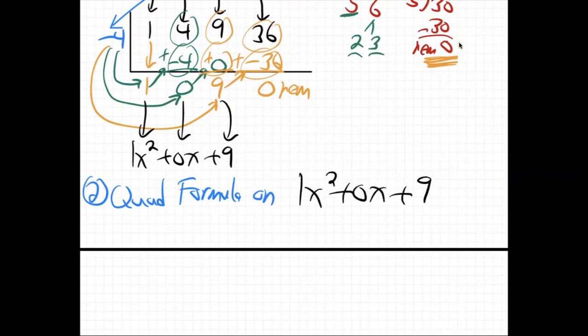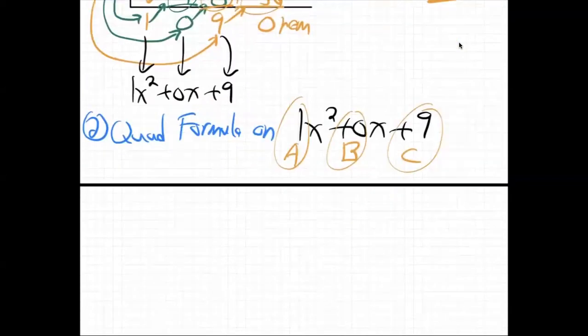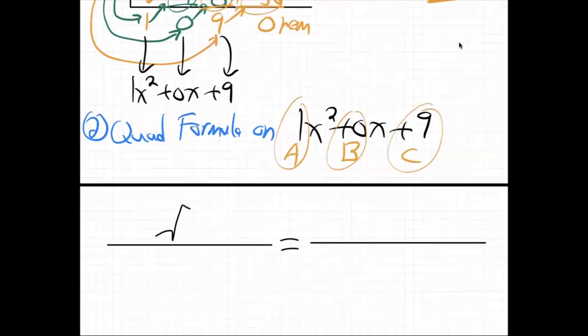Do the quad. So identify in the quad, identify the A, the B, right? A is 1, B is 0, C is 9. Let's go to the quad. You know the quad, right?